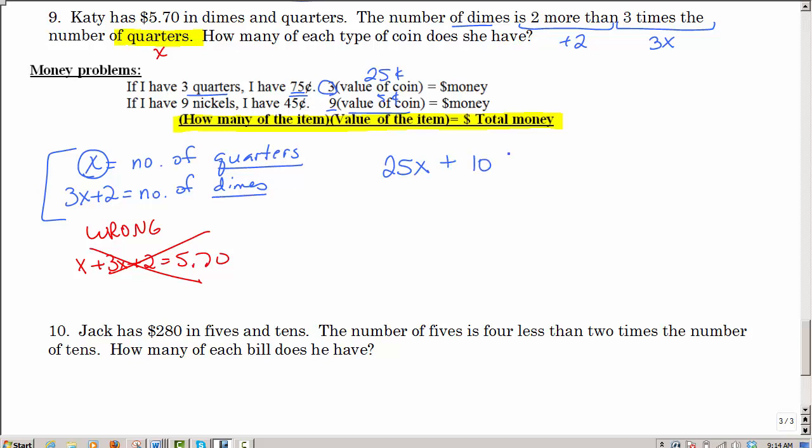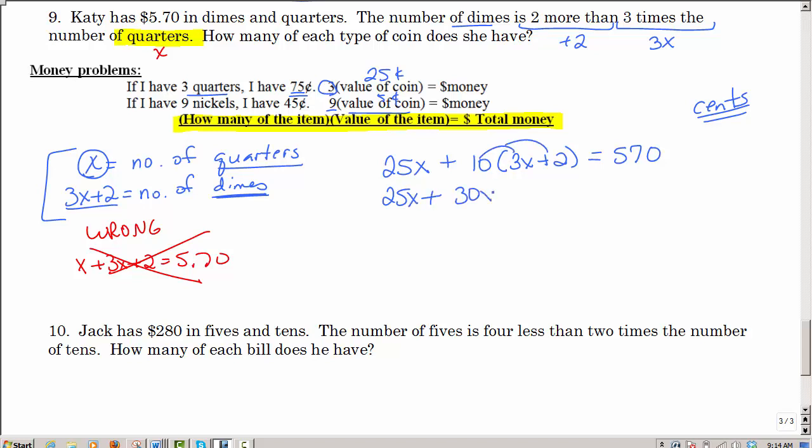Dimes are worth 10 cents, so I'm going to multiply 10 times my dimes, which is 3x plus 2. And I'm just going to set it equal to 570 cents. Since I didn't put a decimal on my 25 or my 10, everything I'm going to do is in cents, so I don't have to work with that decimal.